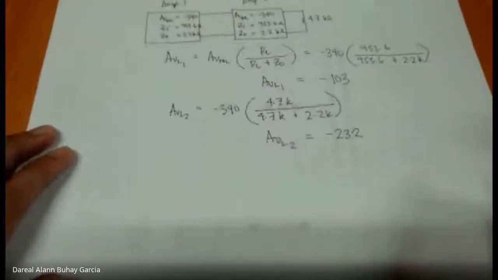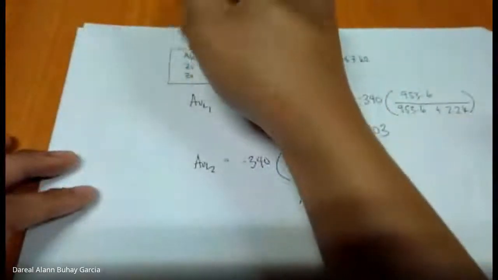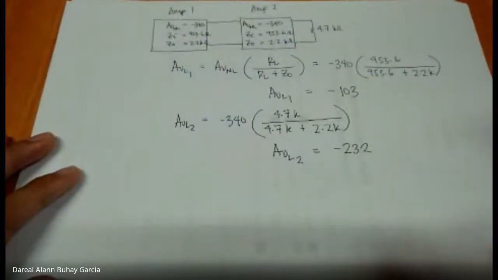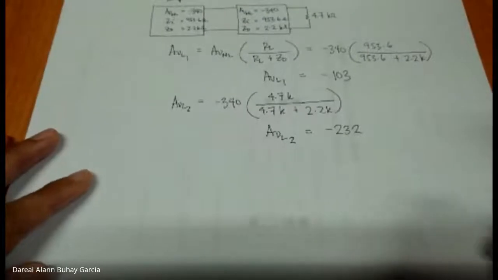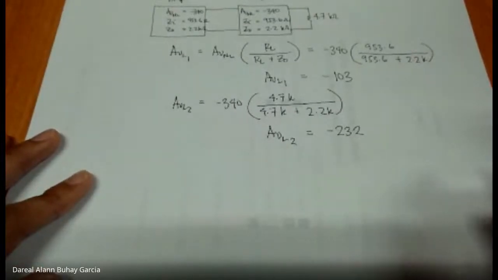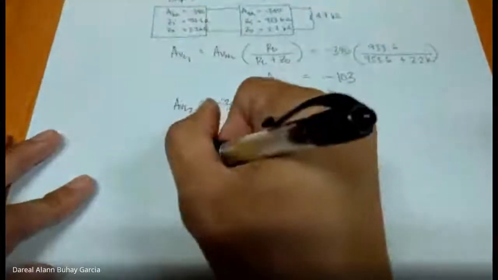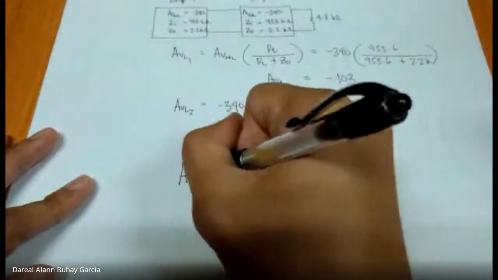Meaning, wala man tay source, no? So, of course, wala tayong mabataan na di nato ma-solve ang voltage gain with counting RS or with the effects of RS. So, tama naman noon ta dire. After obtaining the total loaded voltage gain.